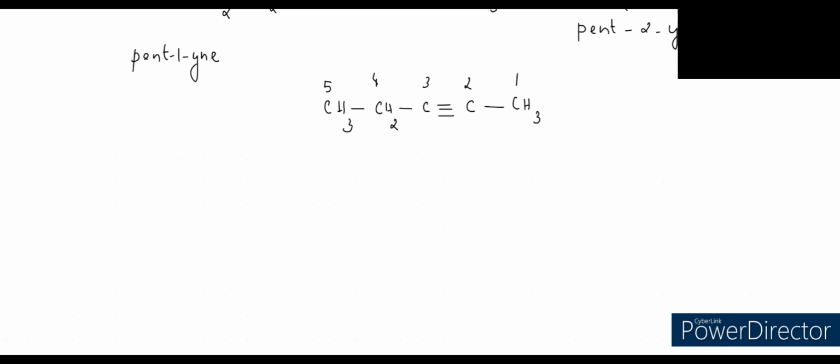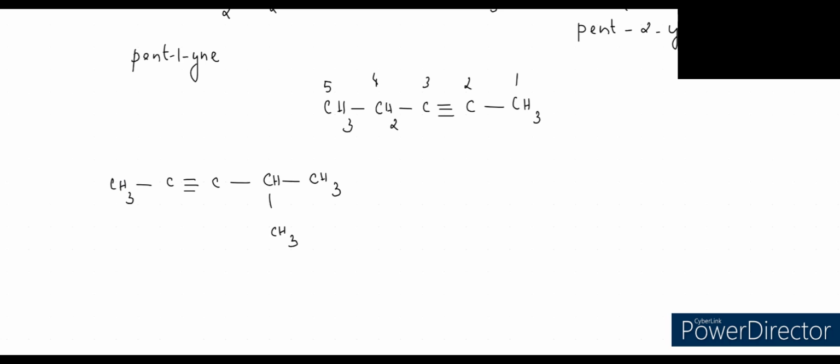Couple of examples more. Next, suppose I'm giving you a structure like this. In this, first point is to number the carbons. Select the parent chain. Longest possible continuous chain is the parent chain.